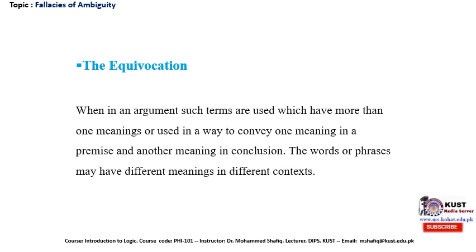For example, there's a term in the English language called right. If I say right, this right has more than one meaning. One meaning of right is to be on the right side. The other meaning of right is to be correct.